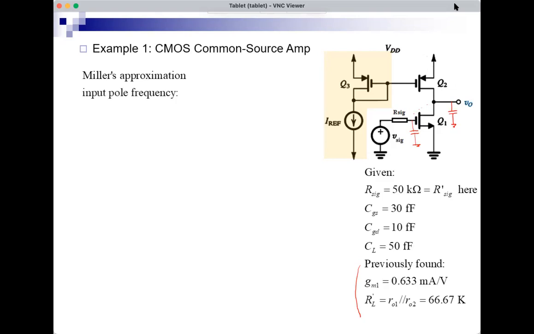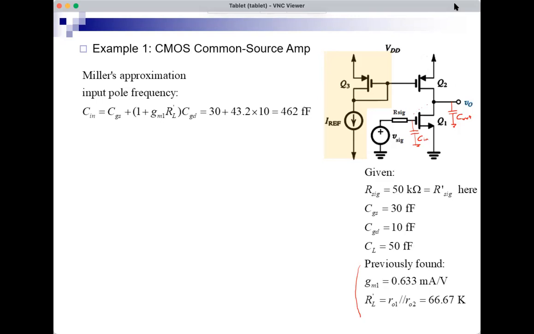And for Cin, we will have a corresponding input pole frequency. So first we calculate the value of the Cin after applying the Miller formula. Cin, and this is something we derived previously, would be CGS plus CGD.